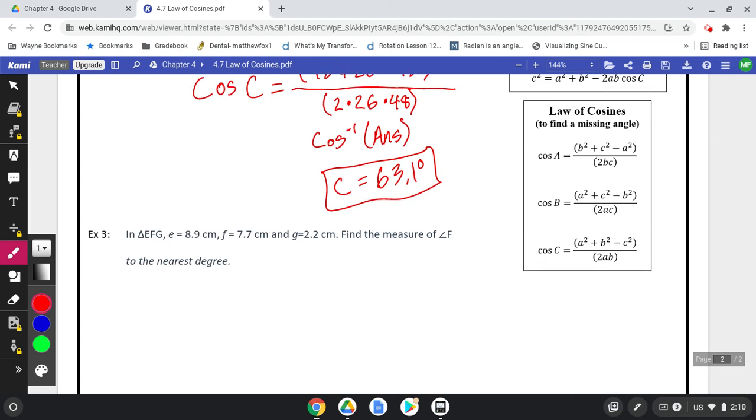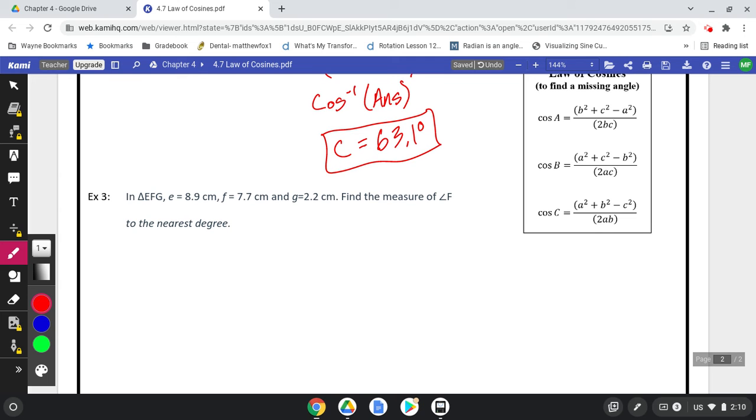All right. Now the next one might give some of you trouble because you'll think EFG, it doesn't have ABC. It's the same process. Just think for finding angle F, then little f is the one that has to get subtracted at the end, and it's also the one that does not end up on the bottom.